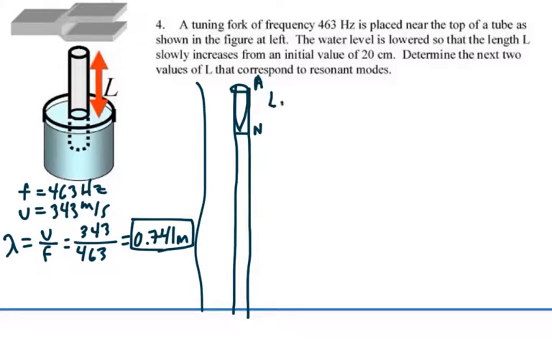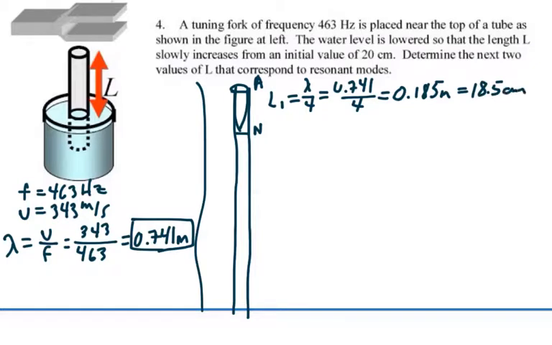So our first length is going to be a quarter wavelength, and that would be 0.741 divided by 4, which is 0.185 meters, or we could say 18.5 centimeters. That would be the first point of resonance.